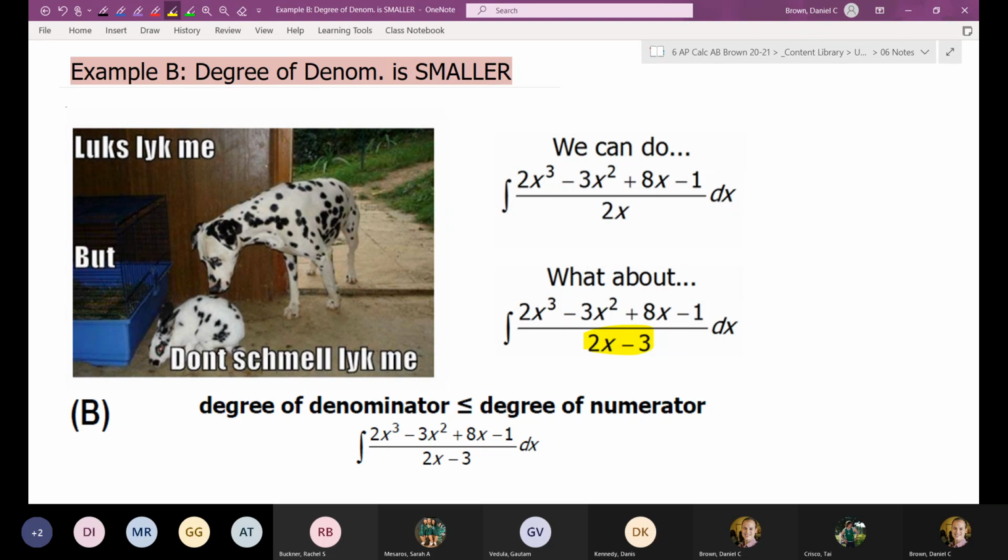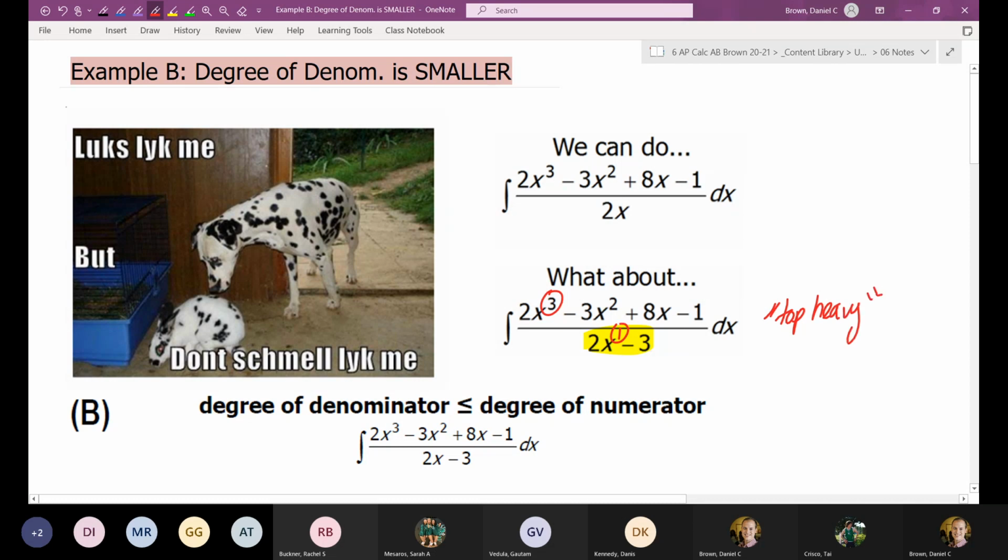The degree of the denominator, and when I say degree, I'm talking about the largest exponent that I see, is less than the degree of the numerator. The degree of the numerator is a 3. The degree of the denominator is a 1. In many ways, you can think of this as a top-heavy function.